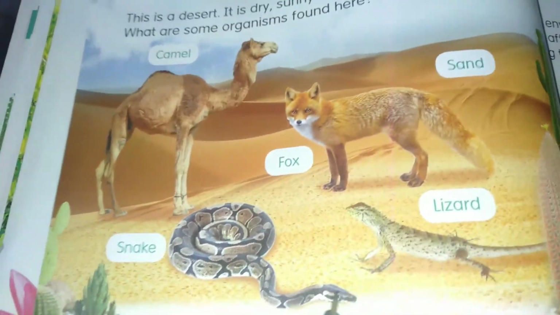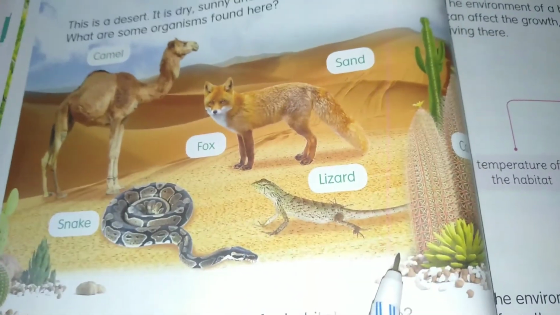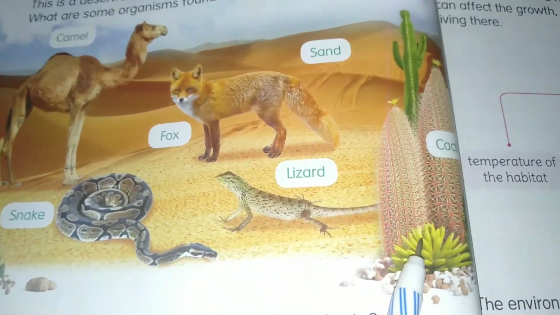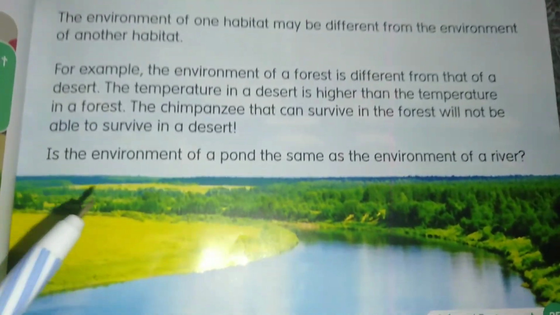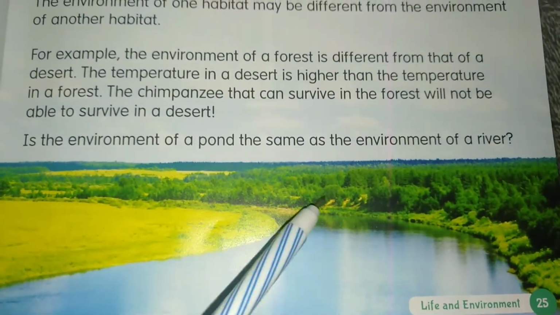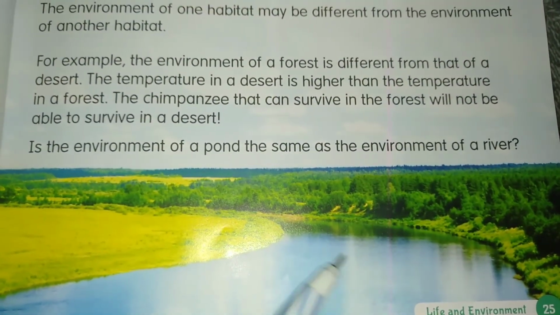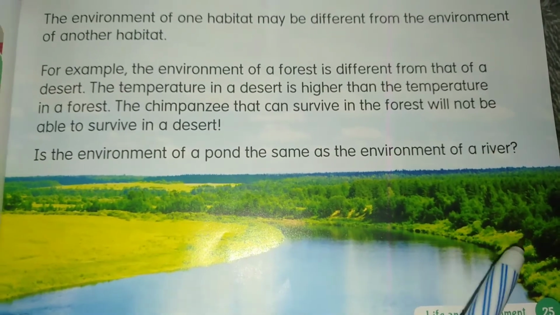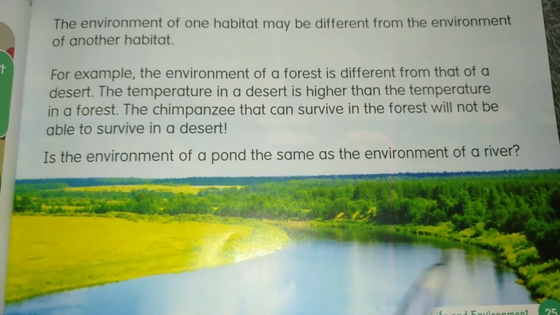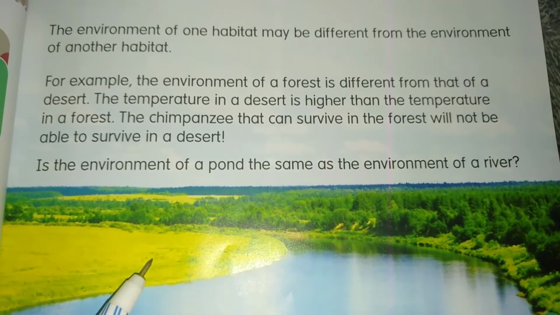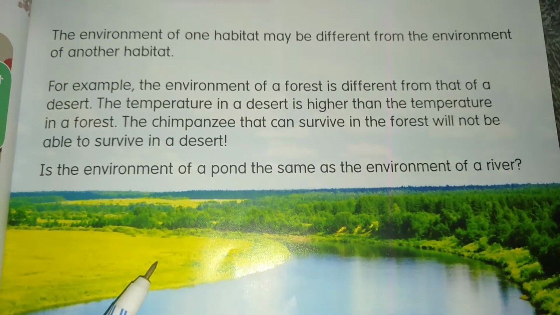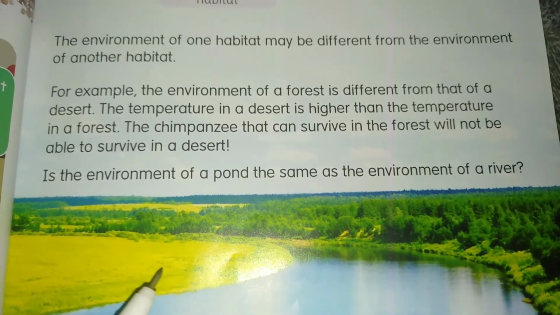Because the desert has no plants, only the cactus. But how about here? There's a big part of water, and also the trees and other plants. So the temperature in the desert is higher than the temperature in the forest.